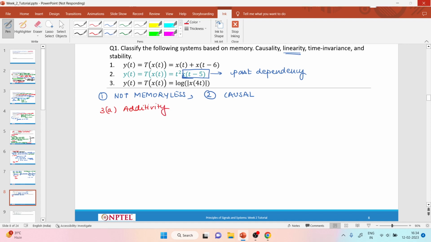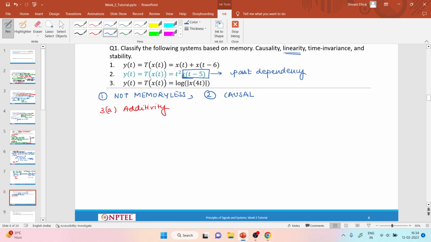Again for that, let's say for input x1 of t, I am having my output y1 of t, which is equal to t square x1 of t minus 5. Then for input x2 of t, my output is y2 of t, which is equal to t square x2 of t minus 5.